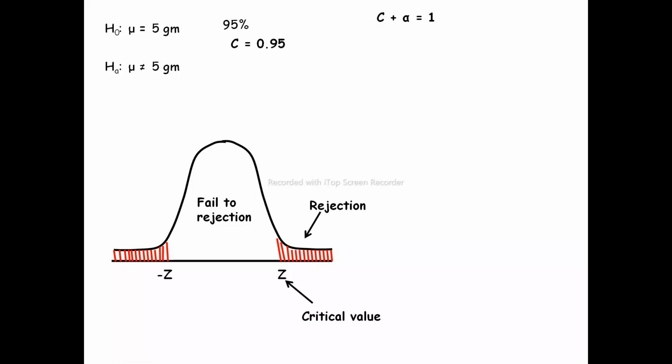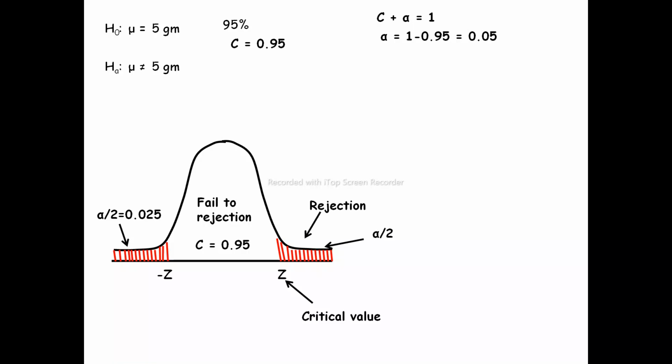Level of confidence plus level of significance equals 1, and therefore alpha equals 1 minus 0.95, which equals 0.05. Because alpha is split into two regions, the right side will be alpha by 2 and the left side will be alpha by 2, which equals 0.025. So 0.025 on the left and 0.025 on the right. Together the value of alpha will be 0.05, and the middle area will be 0.95.